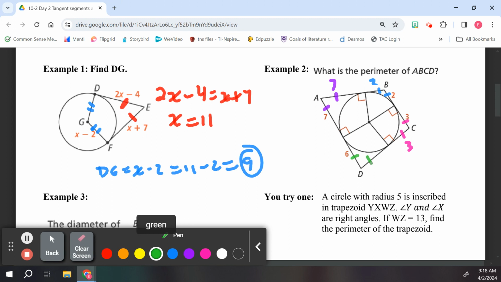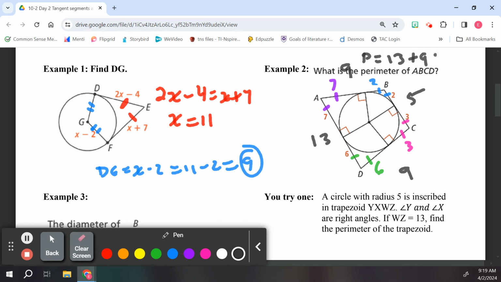And this is congruent to this, making this 6. We add them up. This looks like 13 here, 5 here, 9 here, and 9 here. Perimeter, remember, is adding all the sides. So this is going to be 13 plus 9 plus 5 plus 9, which gives us a total of 36.